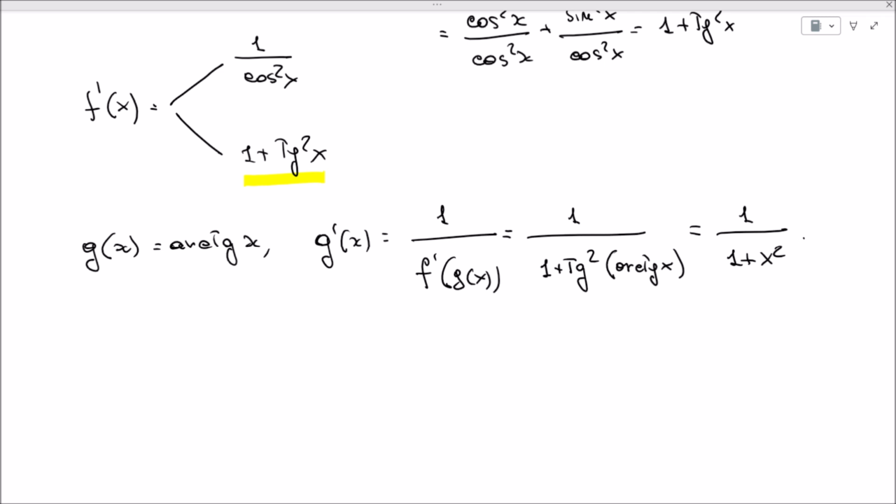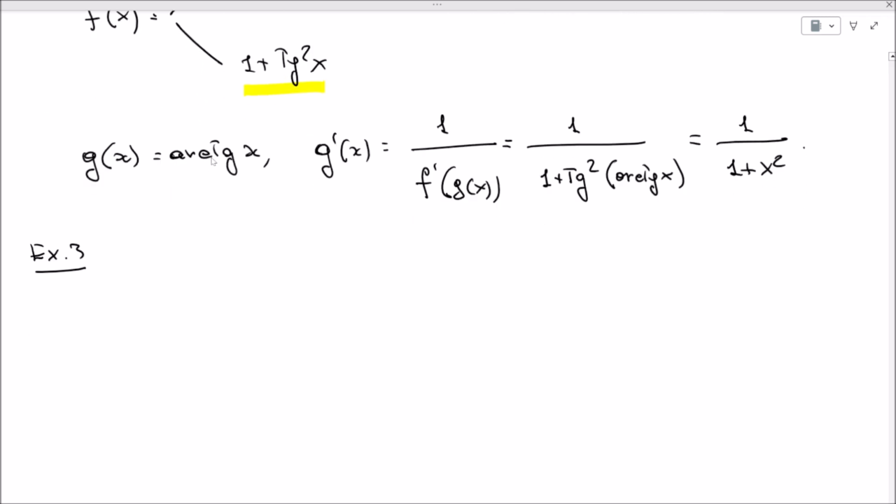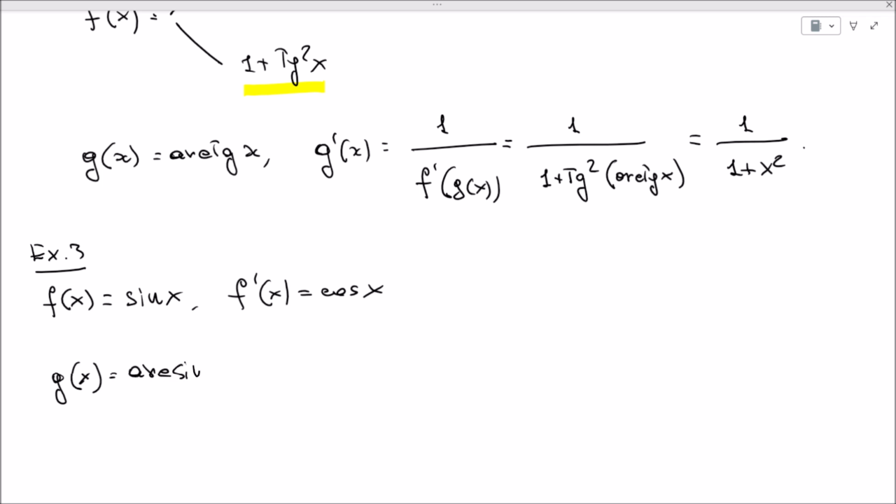Good. Example 3. Let's consider the function f of x equal to the sine of x, and we know that f prime of x is the cosine of x. Now, we would like to find the derivative of the inverse, g of x equal to arc sine of x.